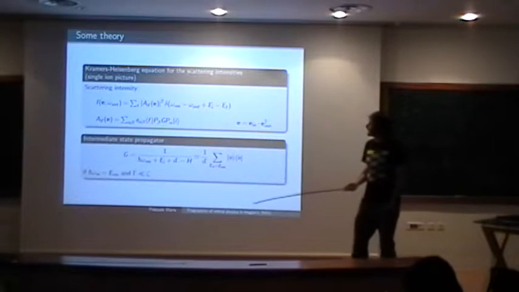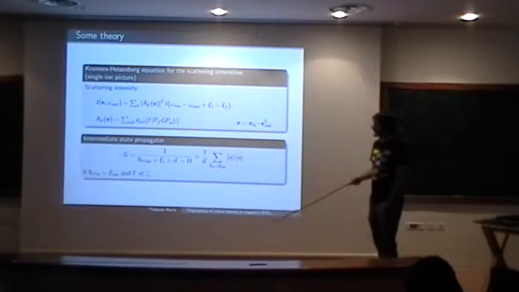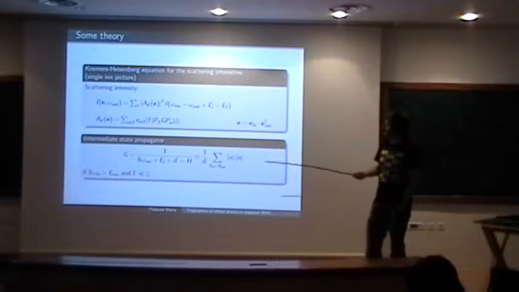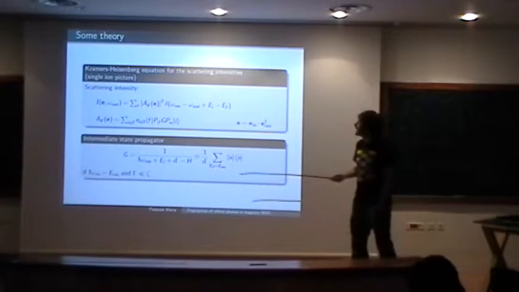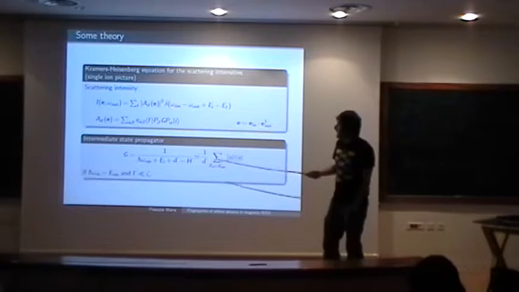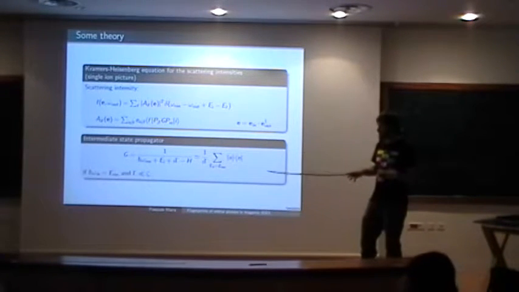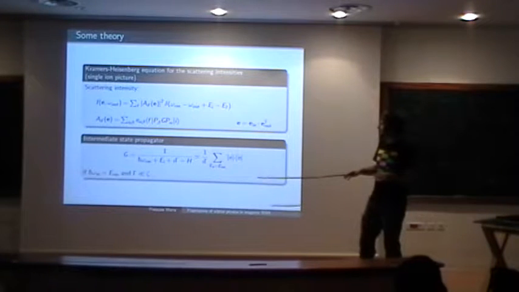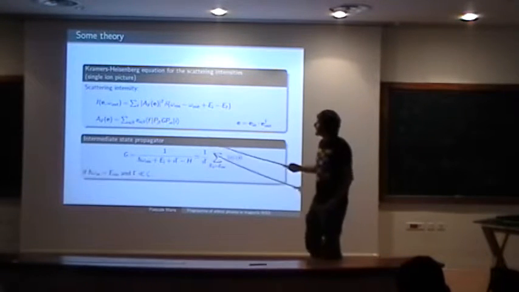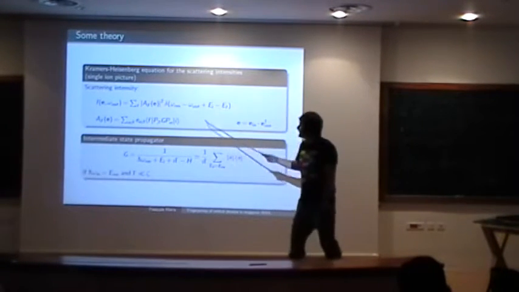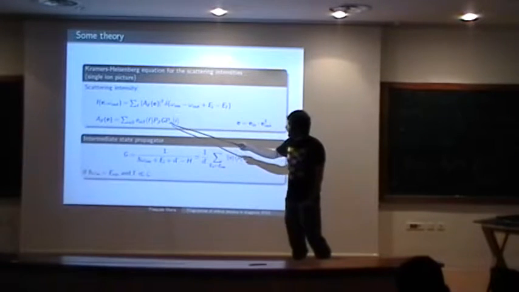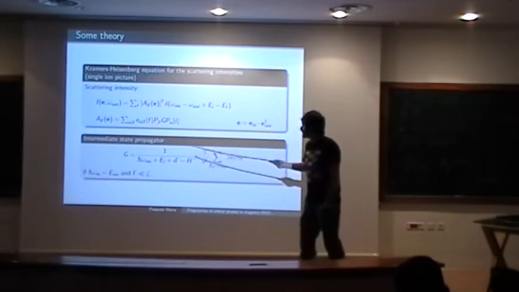From a theoretical point of view, the scattering process is described by the Kramers-Heisenberg equation. In the single ion picture, so I'm considering just a single ion, not the bulk, I can write down the intensities as a function of these scattering amplitudes.